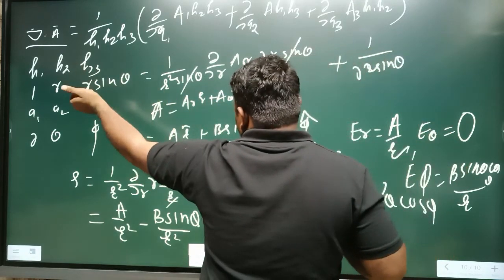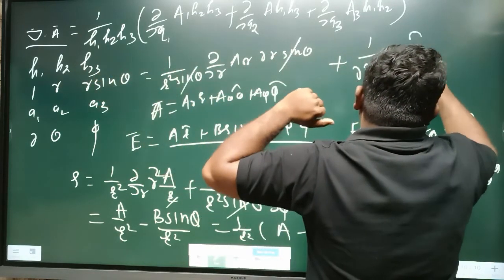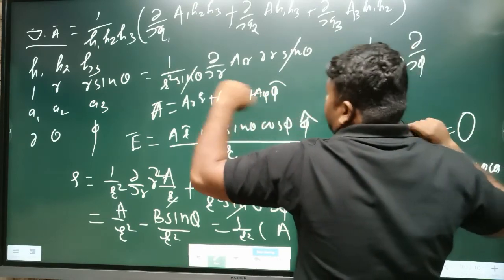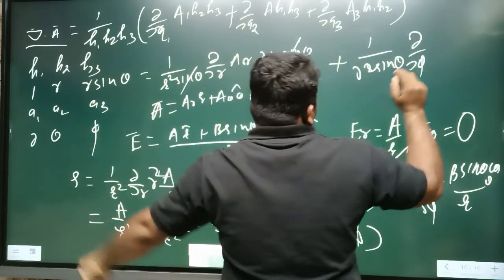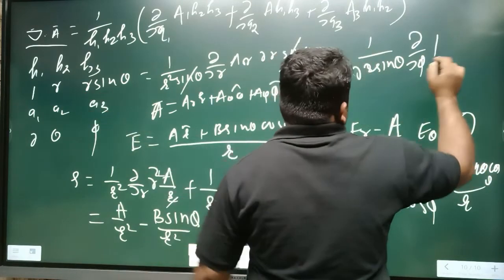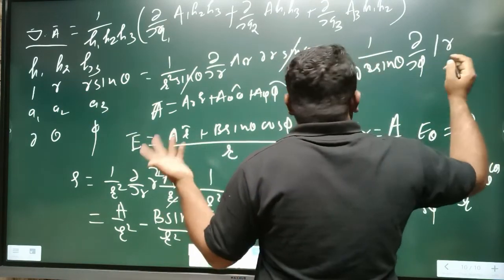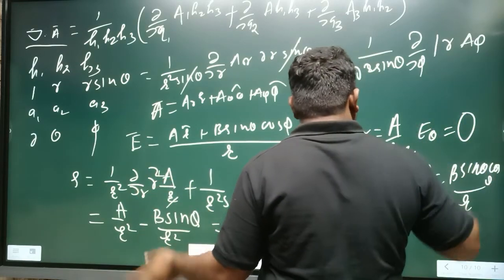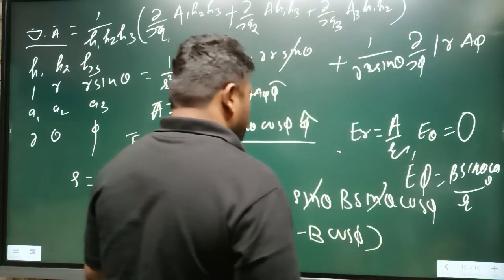Okay. Next, ∂/∂phi. H1 h2 into A phi into A phi. Good. Don't take here sin square phi.